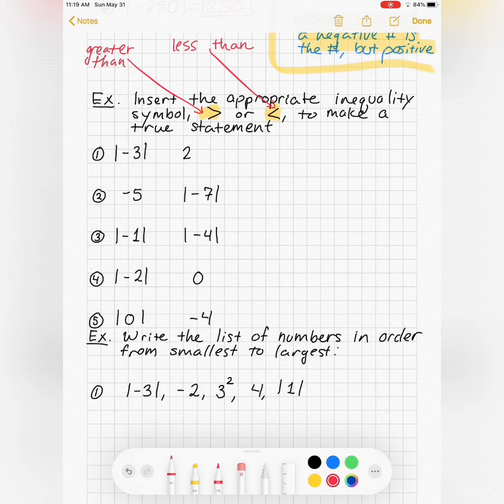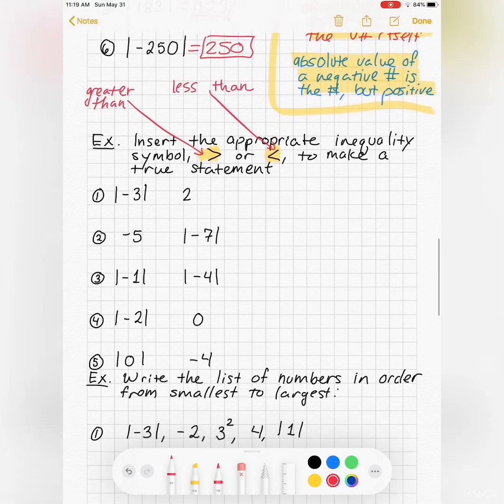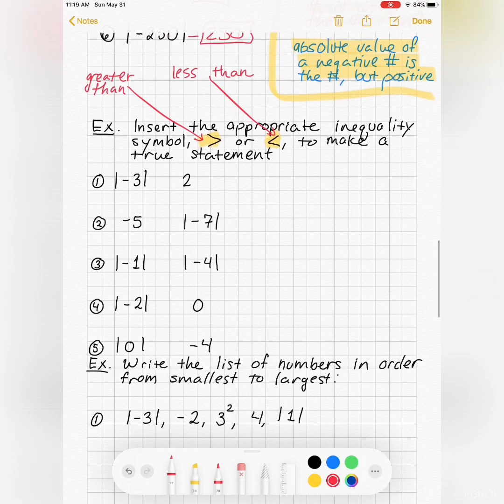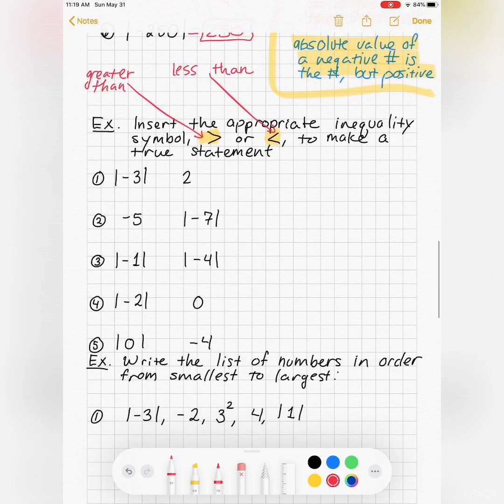Okay? So when I'm looking at this first one here, it says the absolute value of -3. So I have to figure out if that's less than 2 or more than 2. So I probably want to simplify first. So remember the absolute value of -3. So that's the absolute value of a negative number. So do you remember how this works? Look up here. The absolute value of a negative number is just that number, but positive.